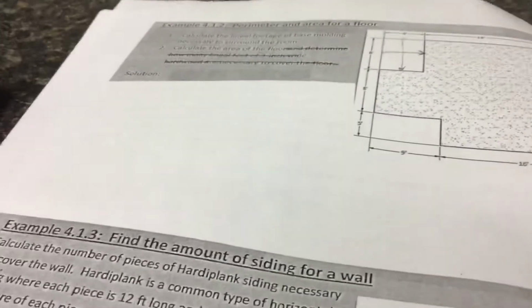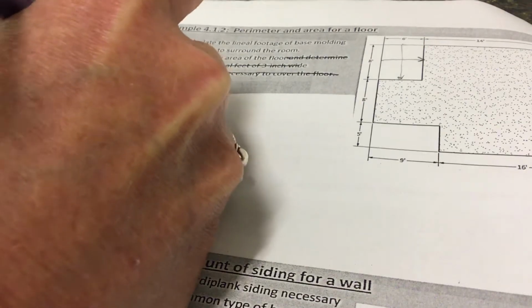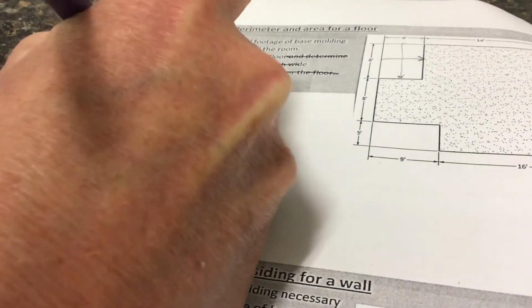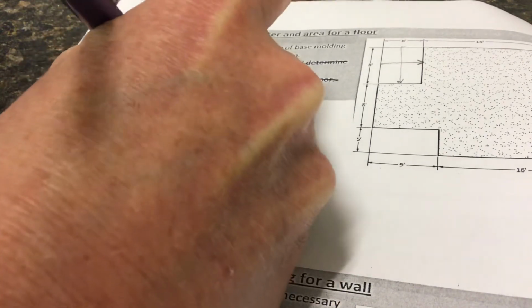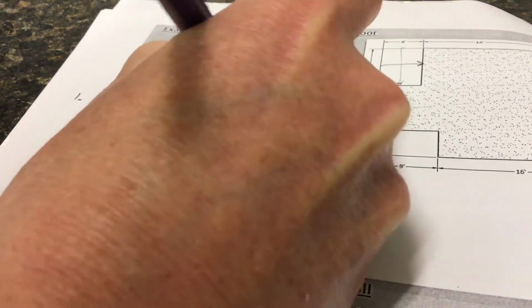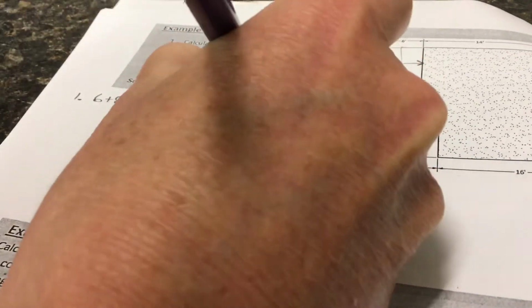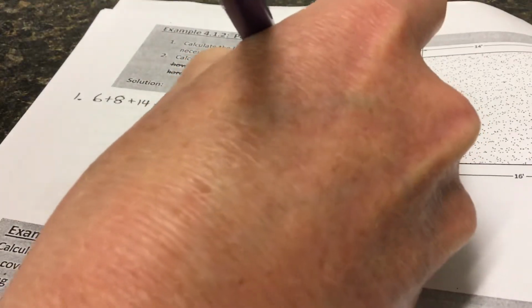So we go 6, 8, this is number 1 here. We're going to add 14, 5, 12. I'm just walking myself around that room. 9, 5, 8.